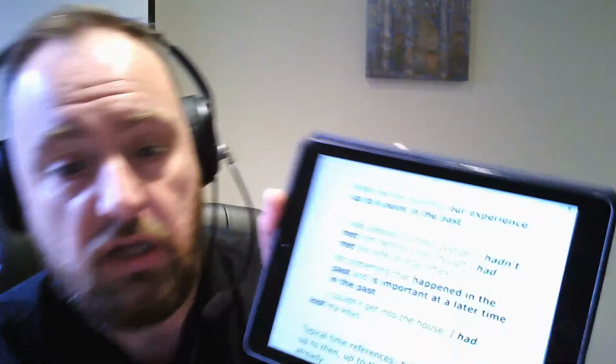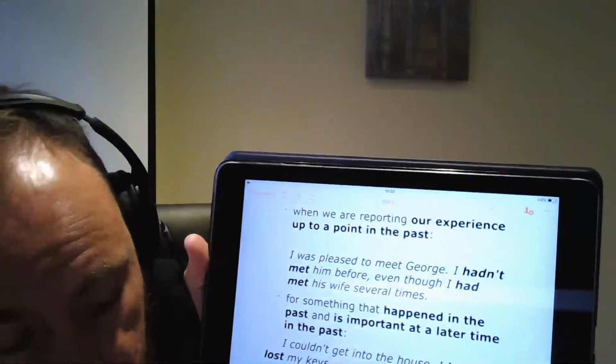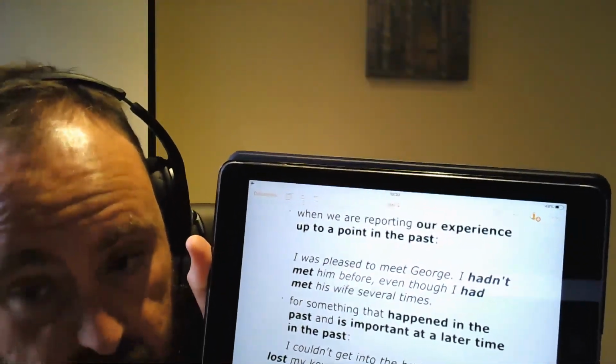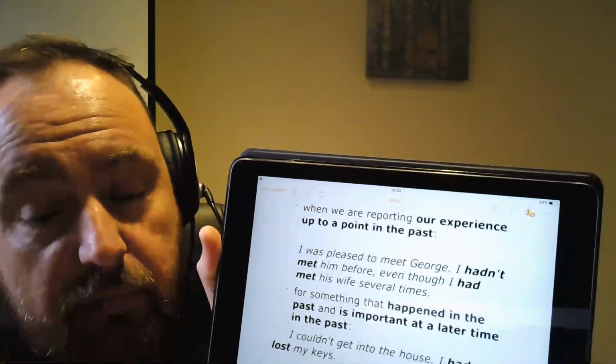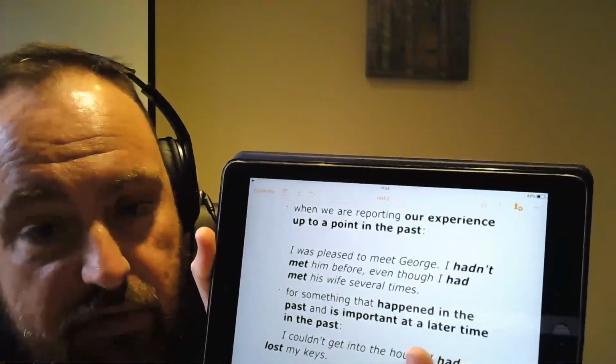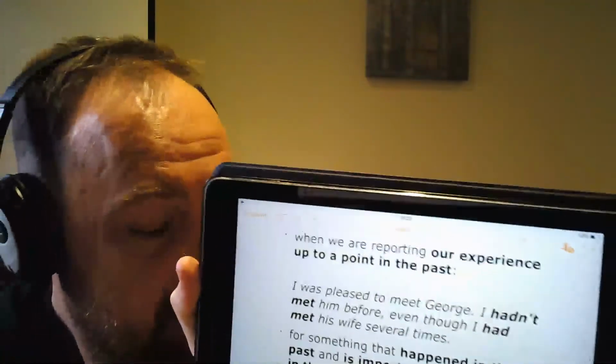Okay, and this one, again, the reasons why we use it can be quite similar to present perfect, like in this one here. When we are reporting our experience up to a point in the past. So again, with present perfect, we're talking about our experience up until now, but here we're talking about up until a time in the past.